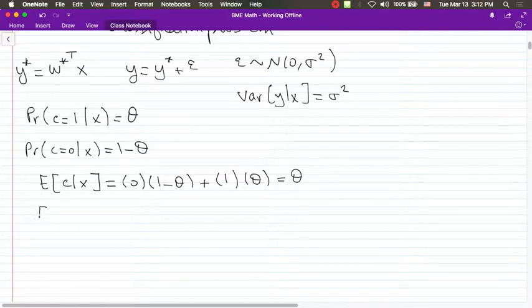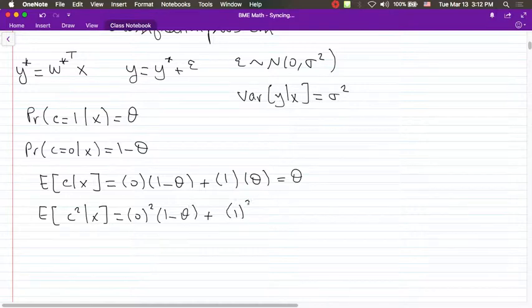The expected value of C squared given X, I'm going to do this because I'm going to want to find the variance of my estimate. So that's 0 squared times 1 minus theta plus 1 squared times theta, that's also theta.